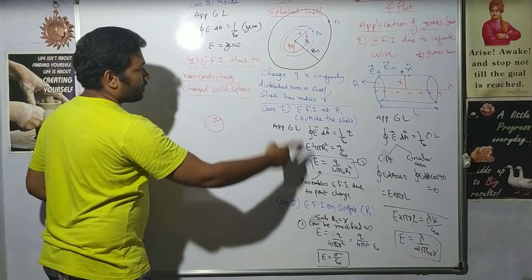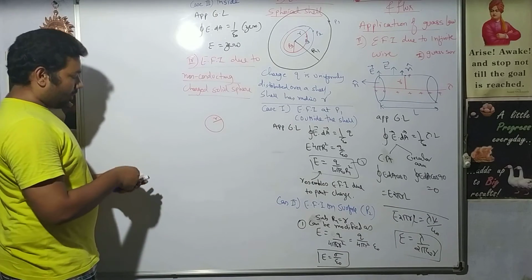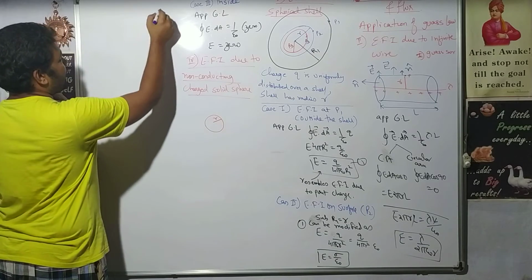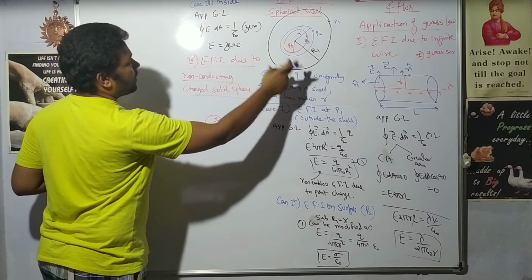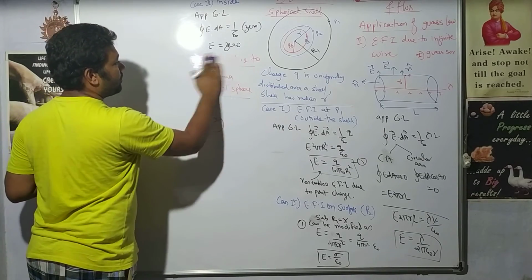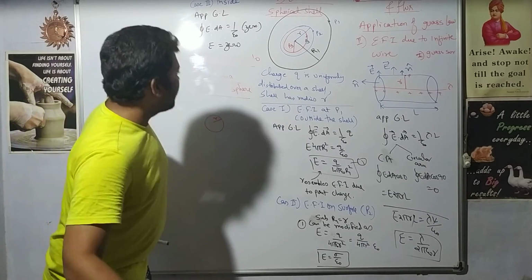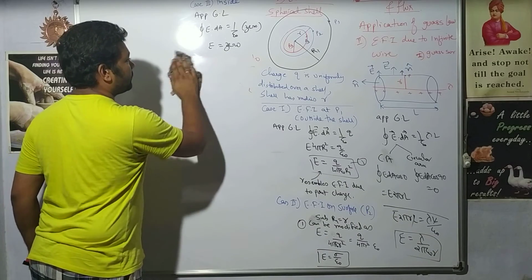Here we forgot one important thing, that is drawing a diagram to represent the variation of the electric field intensity. How does this electric field intensity for the shell vary? Let me drop this and write down, and then we'll come back to this topic.